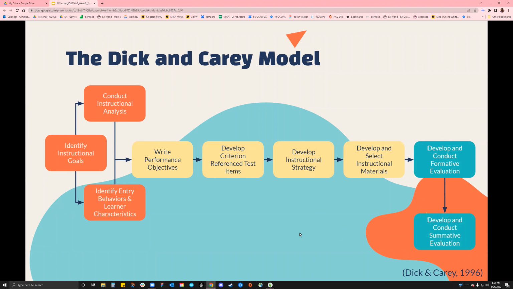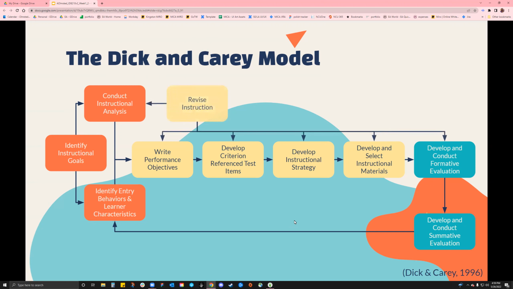The Dick and Carey model then suggests internal designers return to learner traits in order to improve the material for the next iterative evaluation. One of the unique things about the Dick and Carey model is that it encourages revision and iteration throughout the development process, allowing the designer to improve along the way. Dick and Carey, 1996.